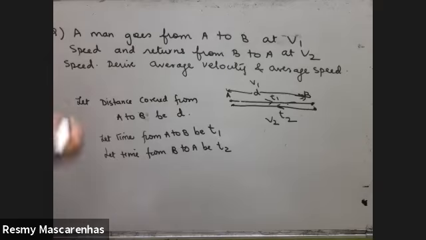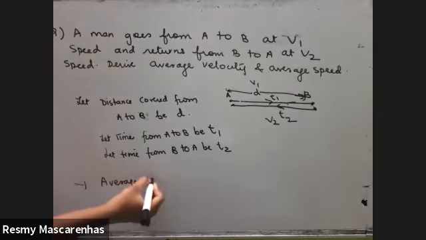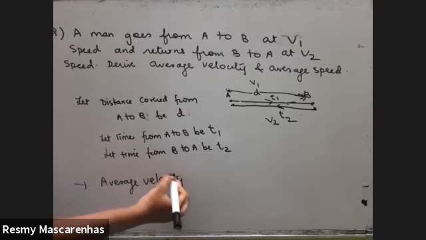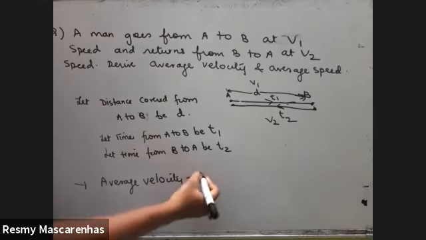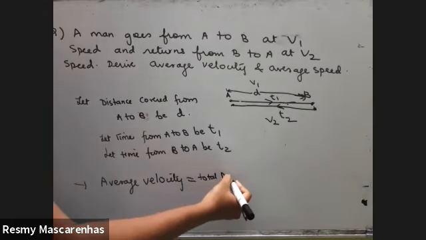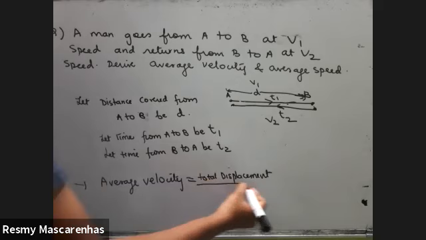Now what will be the average velocity? Can anyone tell me? What is the formula for average velocity? Displacement upon time. Total displacement upon total time.